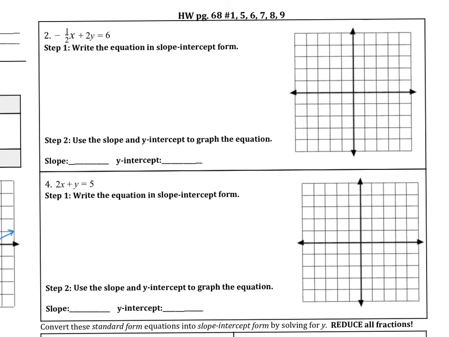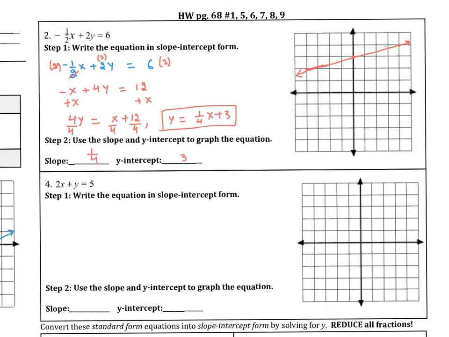Now let's do number 3. For number 3, we have negative 1 over 2 x plus 2y equals 6. So first thing we want to do is to remove the 2 from the bottom. So we're going to multiply the 2 with each and every term. When we multiply 2 with the first term, the 2 and 2 cancel. So it's going to be just negative x. 2 times 2 would be 4y and 2 times 6 would be 12.